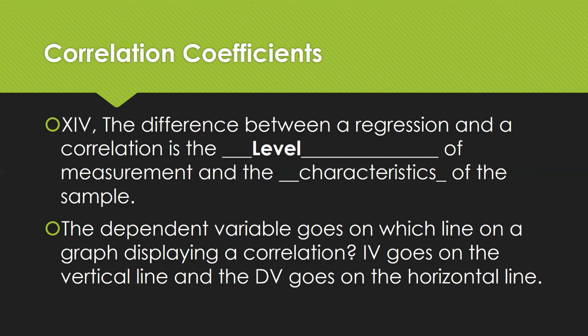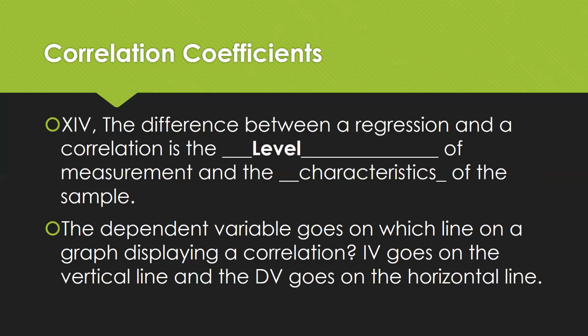Whereas in a correlation, we can use a nominal level of data, basically at the group level, but we're just looking at an association there. We're not predicting like we do in a regression.